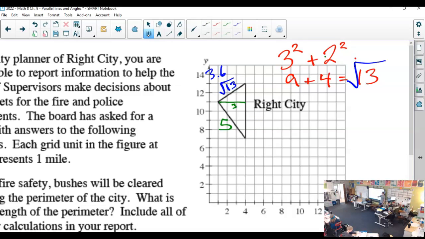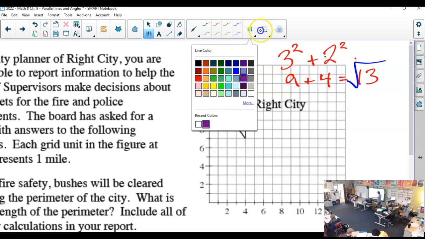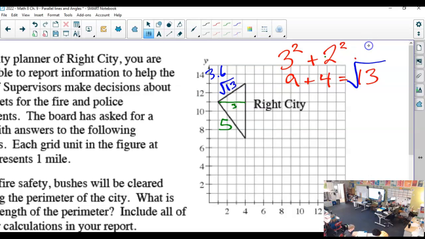So here's the thing. 3.6 doesn't have to get used again except for adding things up. If we were trying to do the Pythagorean theorem again and solve for the hypotenuse, hey, give me your eyes for a second, because this is a trick that some people, if you don't see it, and then I show it to you a week from now, you'll be mad at me.